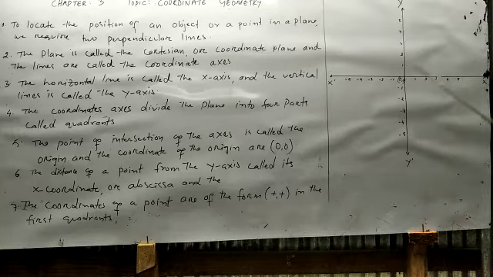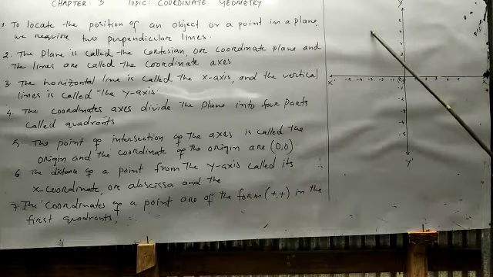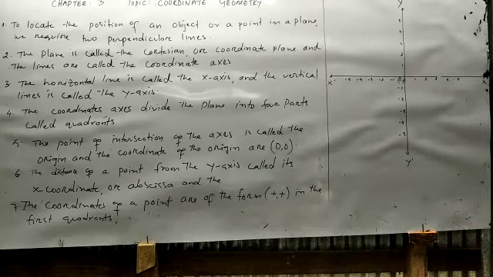These two lines are called the x-axis and y-axis, and together they are called axes. These two lines divide the given plane into four quadrants: the first quadrant, the second quadrant, the third quadrant, and the fourth quadrant.